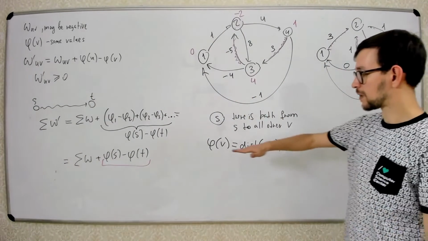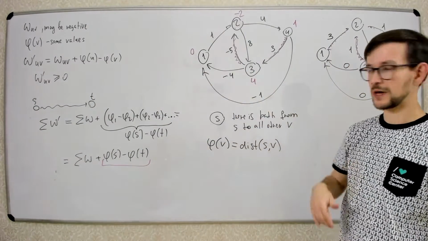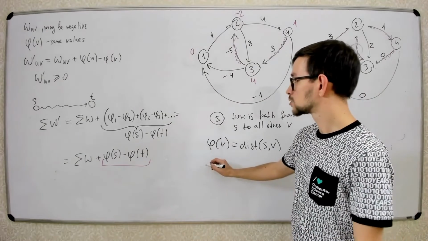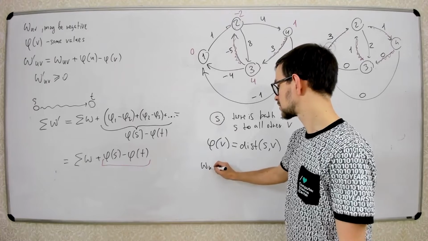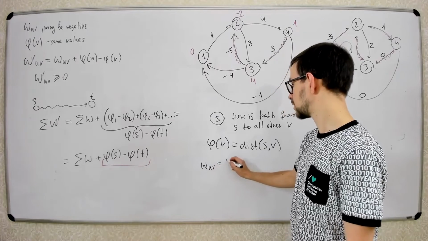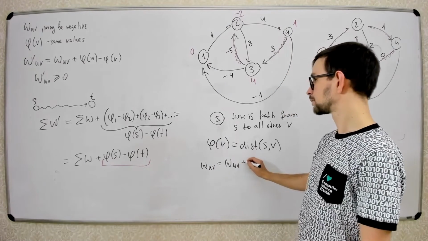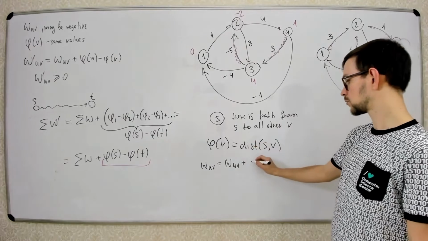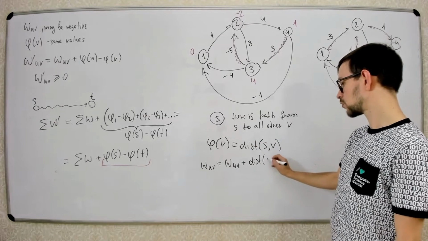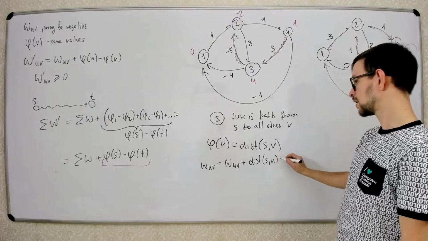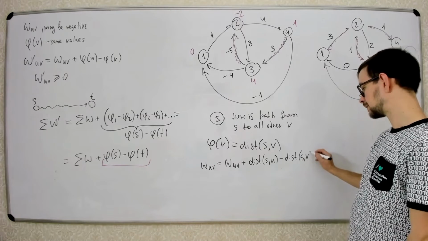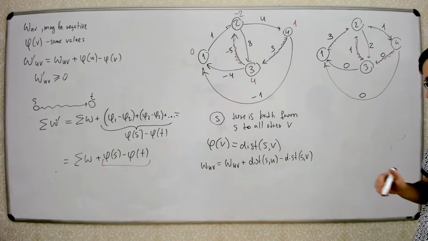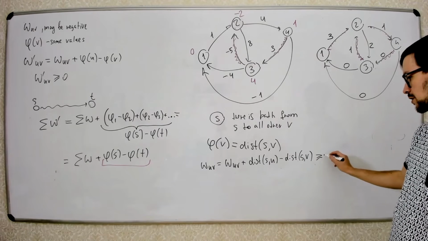Let's prove that if we apply these potentials, all the weights will be non-negative. So, what will be the modified weights? It will be the old weight plus the difference of potentials, so plus distance from S to U minus distance from S to V. I want to prove that this is non-negative.